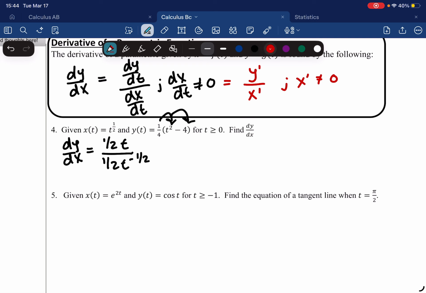Okay, I can simplify this because the 1/2s cancel out, and I'm left with t divided by t to the -1/2, which I can simplify to be t times t to the +1/2, which is equal to t of 2 over 2 times t of 1 over 2, which is equal to t to 3/2.